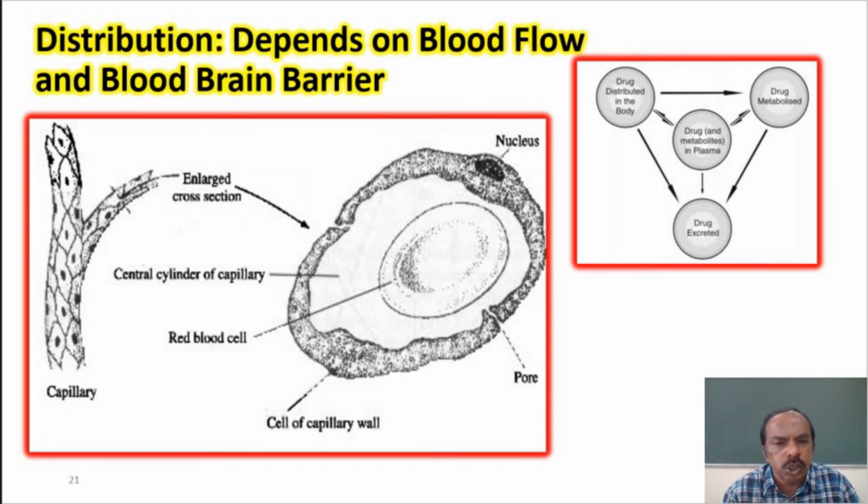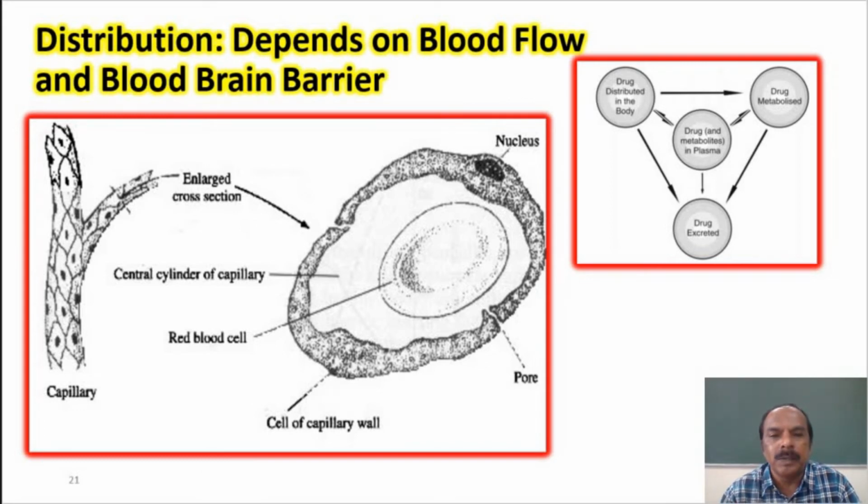Coming to the distribution of drug in your body, it depends on the blood flow and the blood-brain barrier. Whenever you take the drug into your body, the drug has to go to different parts. There are general drugs. General drugs are the ones which we take in the mouth or from any place, and they go all over the body, including the part which is affected.